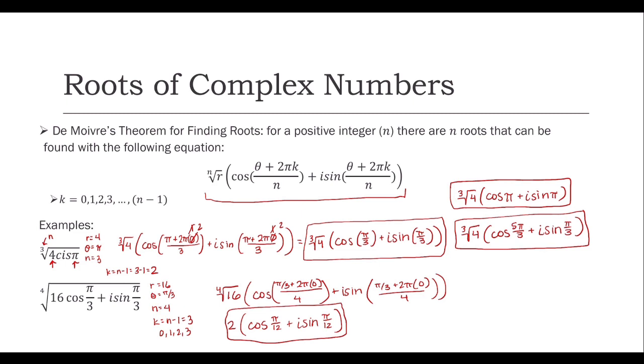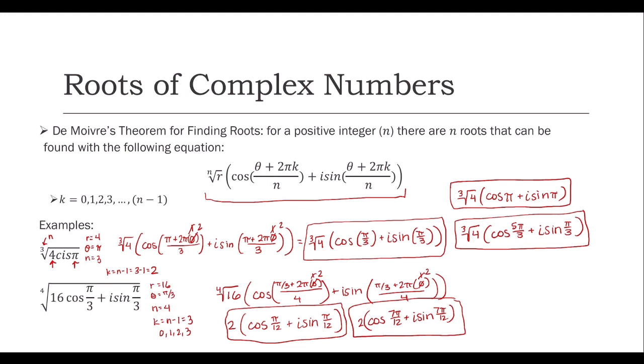For the second one, we'll plug in 1. So pi over 3 plus 2 pi will give us 7 pi over 3, and then divide that by 4, 7 pi over 12. So we'll have 2 cosine 7 pi over 12 plus i sine 7 pi over 12. Then we plug in 2.